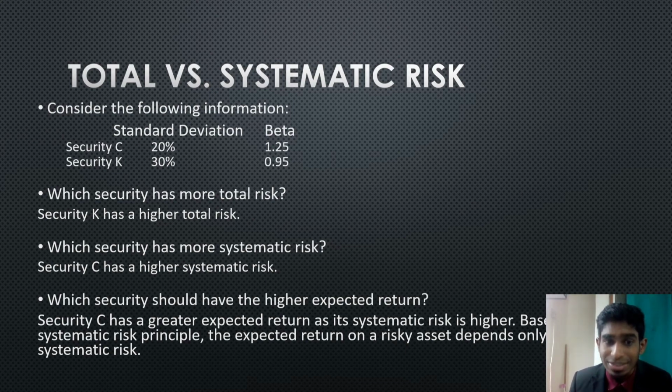Systematic risk tambah dengan unsystematic risk. Okay, systematic risk kita sudah tahu, that is 1.25. Unsystematic risk is the percentage. So when you calculate both together, the K is higher. So this is the way you have to find out which has more total risk.